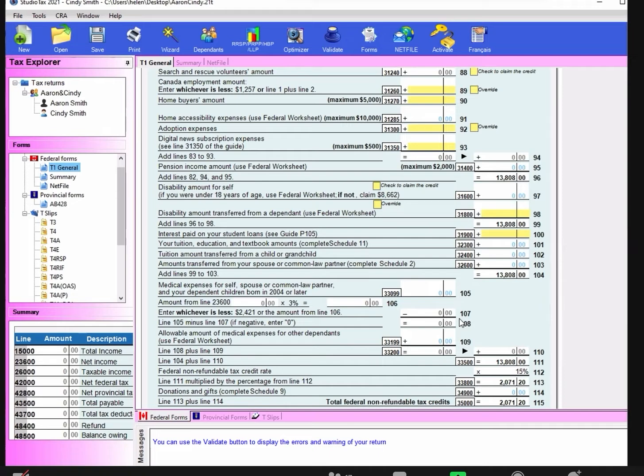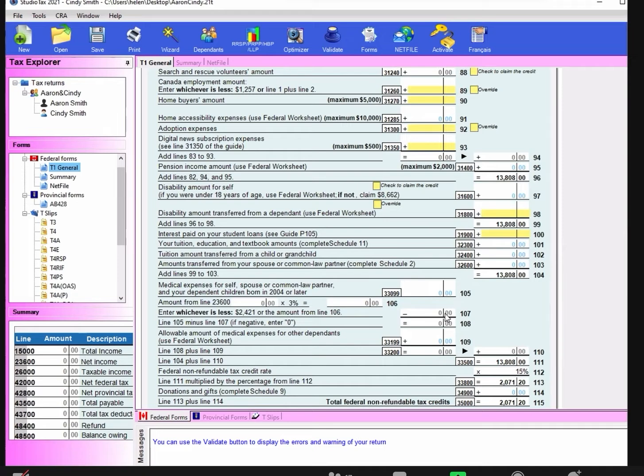So in order to get a big credit, the minus 107 line must be small, because the family medical expenses are certain. You can't change them, as long as you have that receipt and it is qualified, then you put it on Cindy or put it on Aaron.